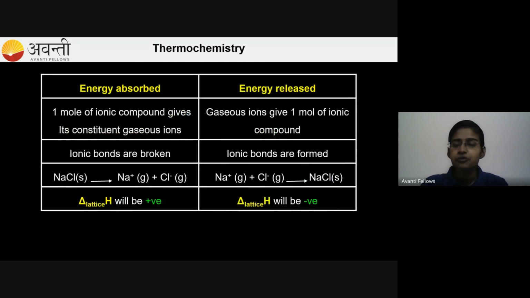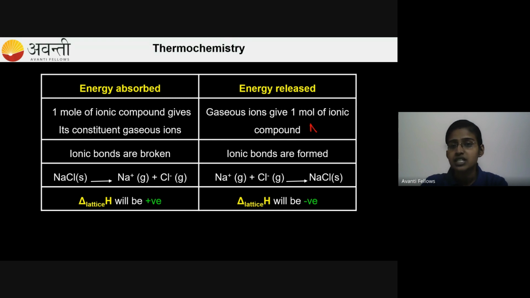This is the difference between the energy absorbed process and the energy released process. If energy is absorbed, it means 1 mole of the ionic compound gives its constituent gaseous ions. If the gaseous ions give 1 mole of an ionic compound, then energy will be released.